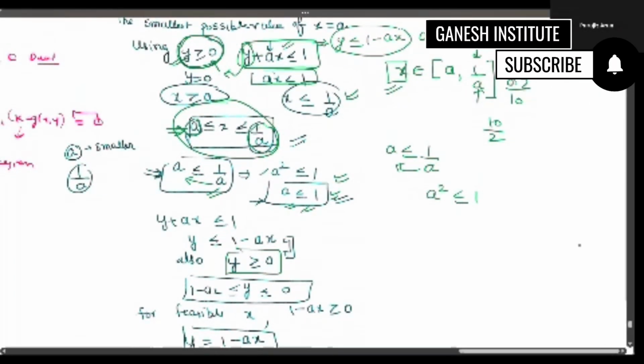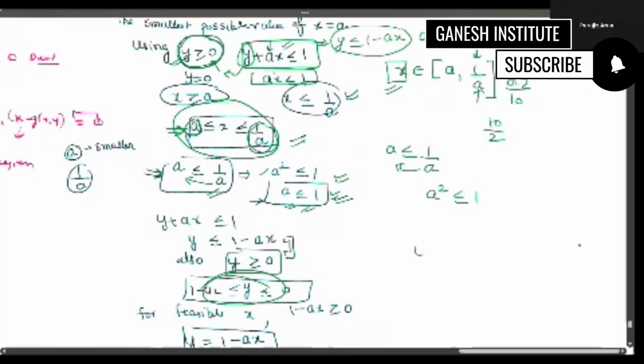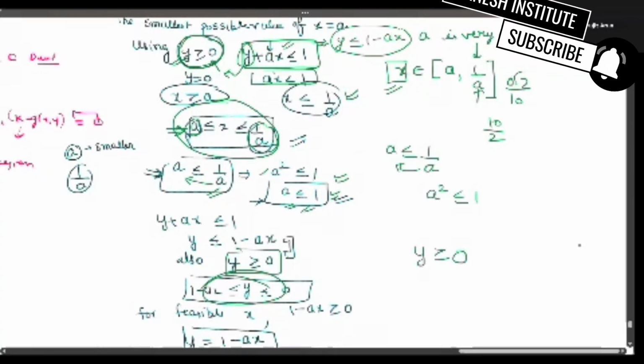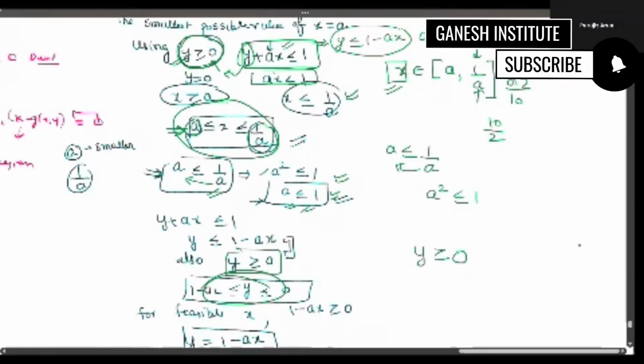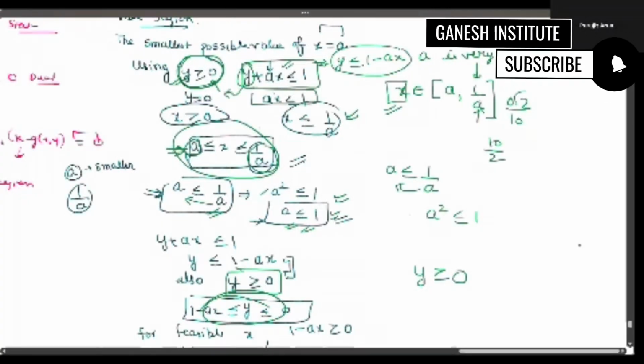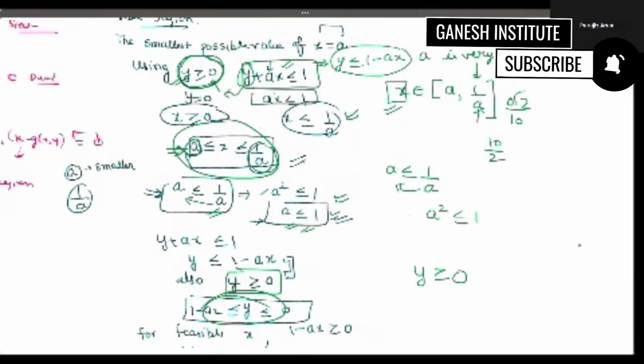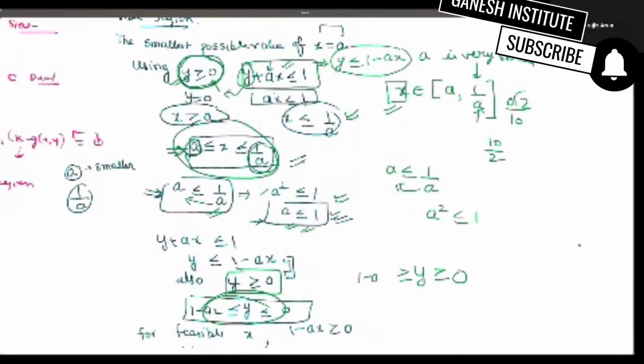What has happened here? y is greater than or equal to 0, and y is less than or equal to 1 minus ax. You have a range for y.